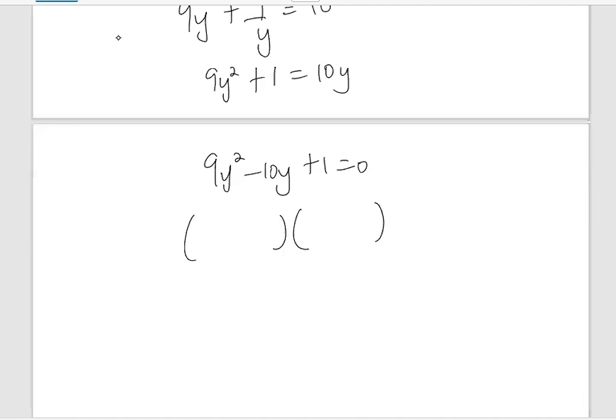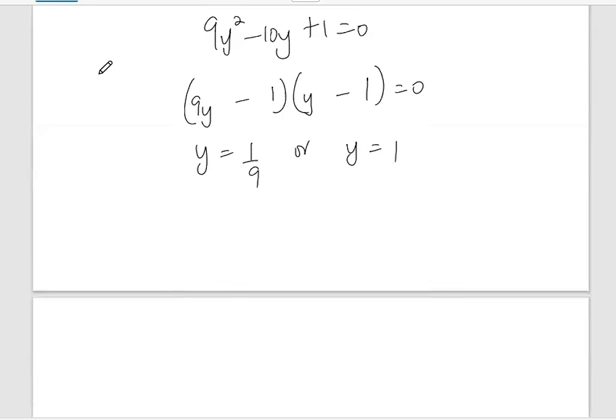Okay. So if this is a 9y, this is a y. This is a 1 and a 1. We can say minus and minus because we have a positive and we have a negative there. So either y is going to be 1/9 or y is a 1. But we say that y is the same as 3 to the x.